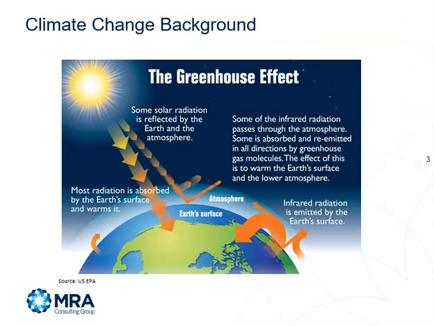Let's start with a basic introduction on climate change. The greenhouse effect is a natural process that warms the Earth's surface. When the sun's energy reaches the Earth's atmosphere, some of it is reflected back to space, and the rest is absorbed and radiated by greenhouse gases.